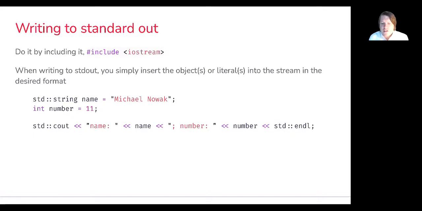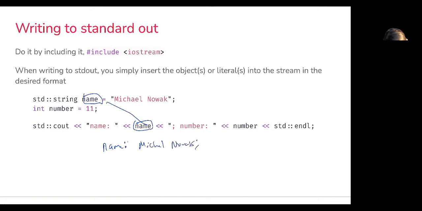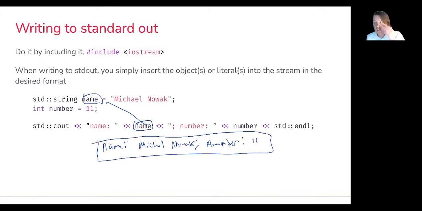For instance, if I'd like to output name, followed by the contents of the variable name, followed by number and the contents of the variable number, in this case 11.